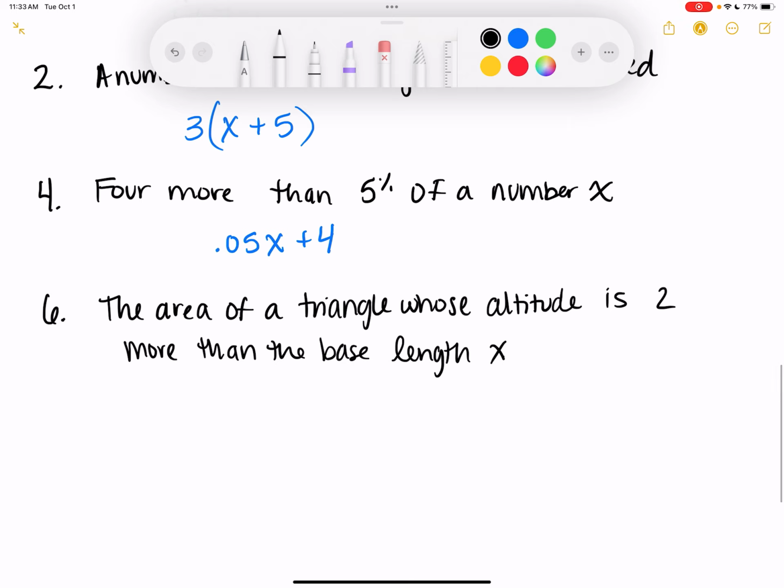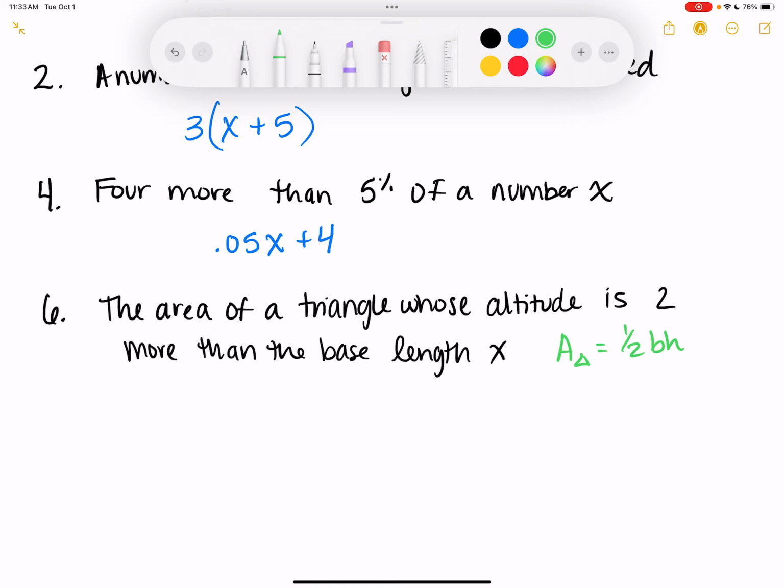What is the equation for the area of a triangle? Area of a triangle is 1/2 base times height. So, what is altitude? Height. Altitude is height.